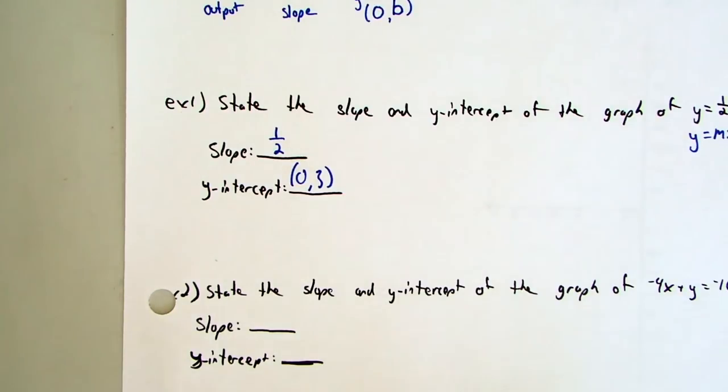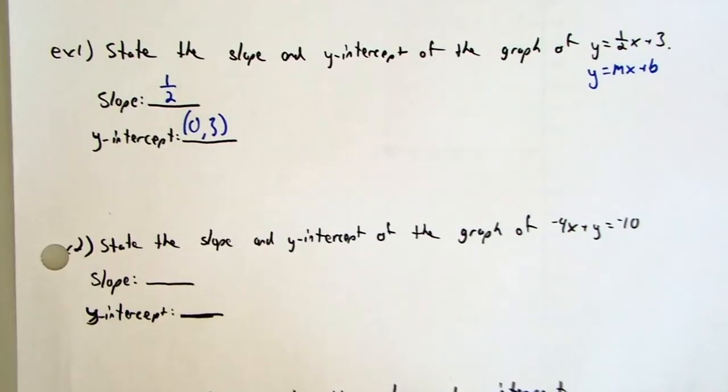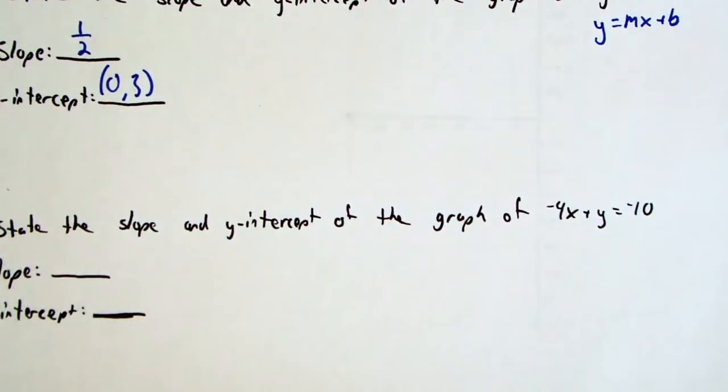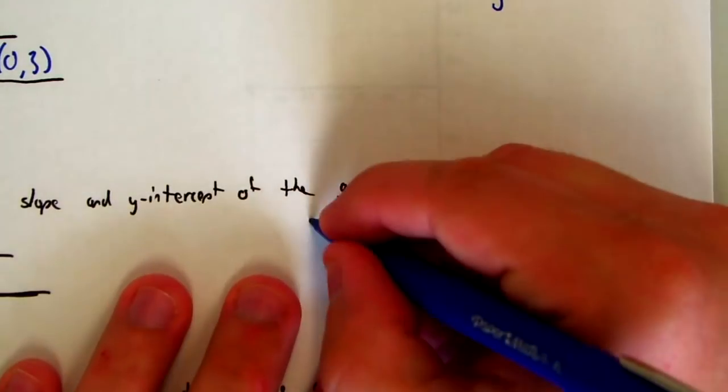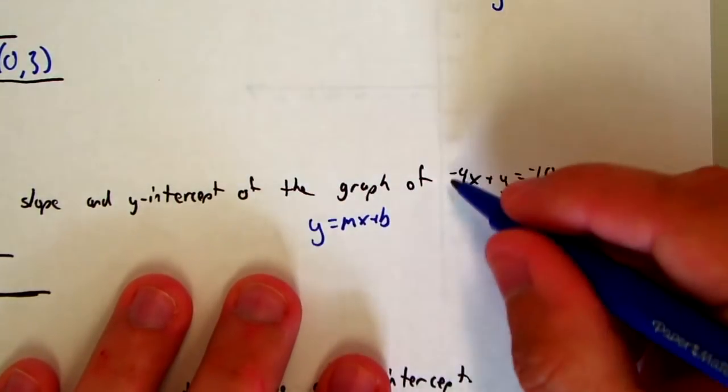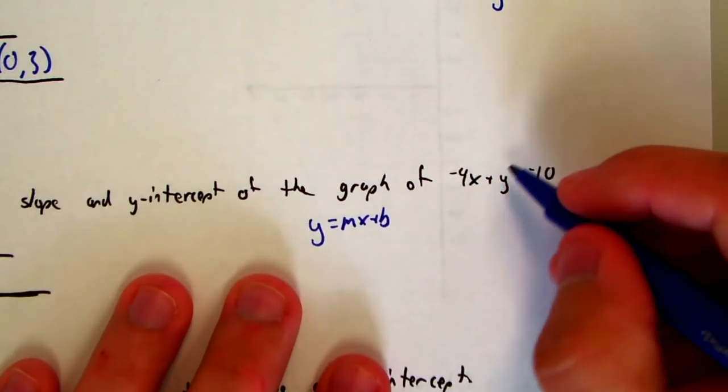Let's look at another example. This one's going to be slightly different because it is not written in slope-intercept form. It says state the slope and y-intercept of the graph of negative 4x plus y equals negative 10. Now, I want it to look like y equals mx plus b, and right now it does not.